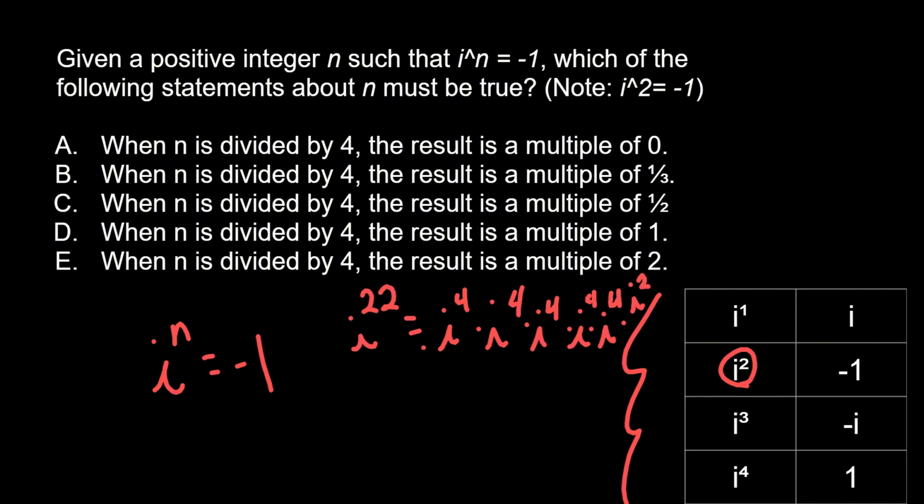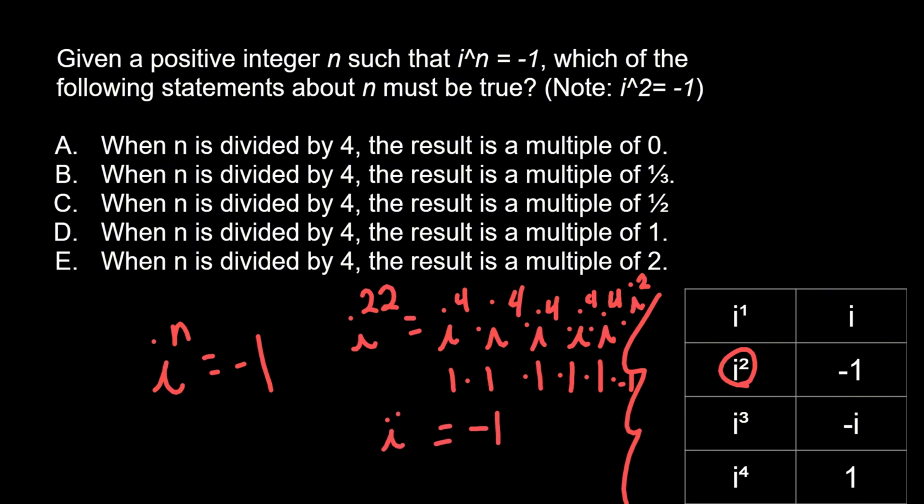If we use the power rules of multiplication, you add these all up, and that would give us 22. But this is actually 1 times 1 times 1 times 1 times 1 times i squared, which would be negative 1, giving us just negative 1 for our answer.